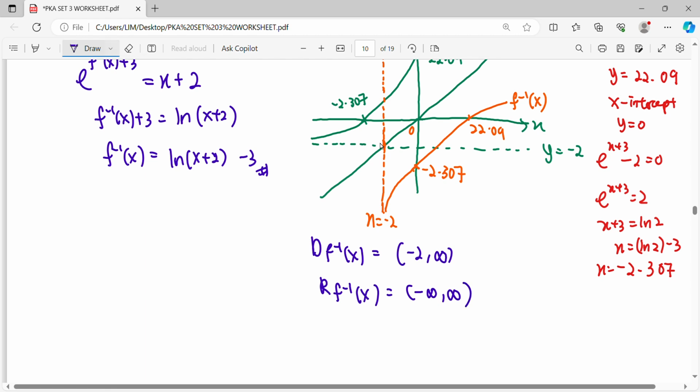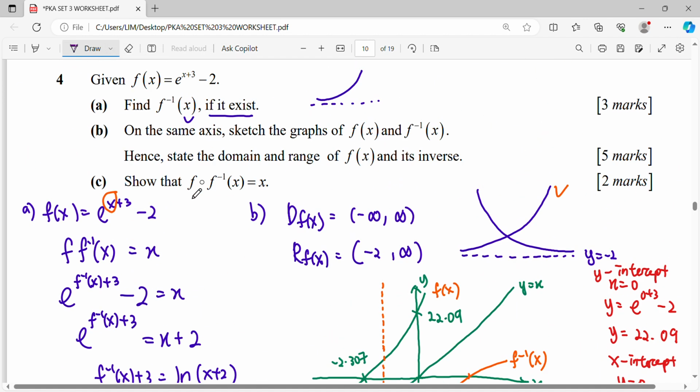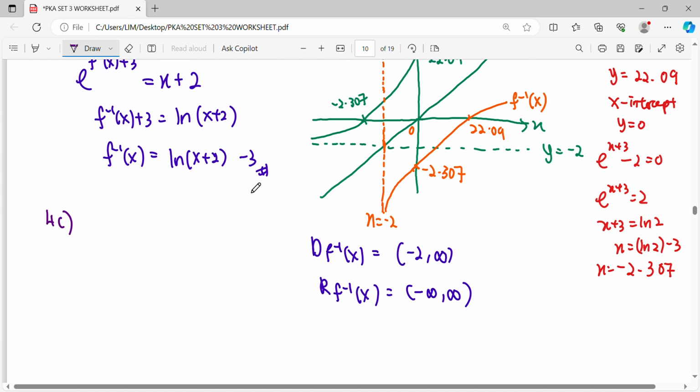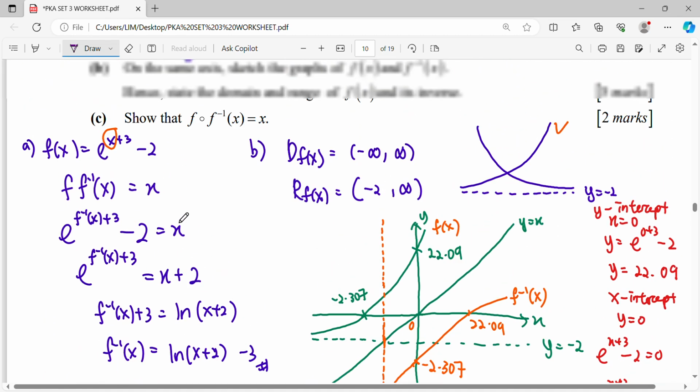Then we move to question C. Show that f of f inverse equals x. So we have to find f composite with f inverse. Substitute our f inverse, which is ln(x + 2) minus 3, into the function f(x).